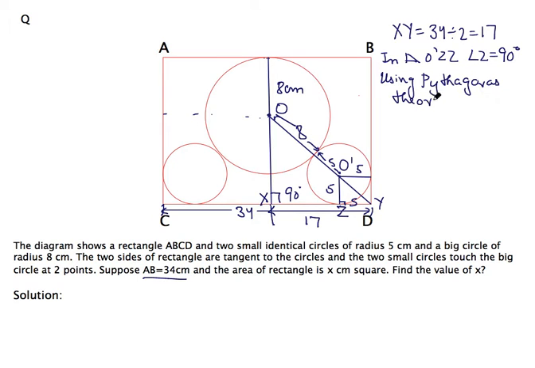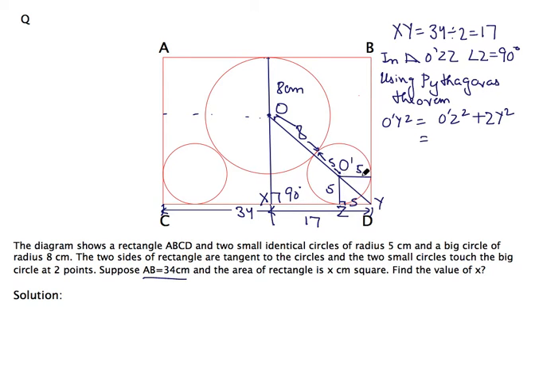What's the Pythagoras theorem? It says that the square of the hypotenuse, this is your hypotenuse, is equal to the sum of the squares of the other two sides. So here the other two sides are O dash Z square plus ZY square, right?